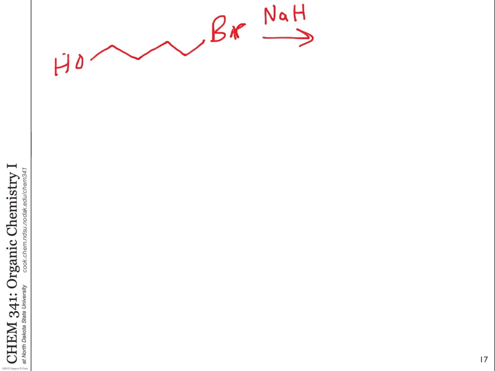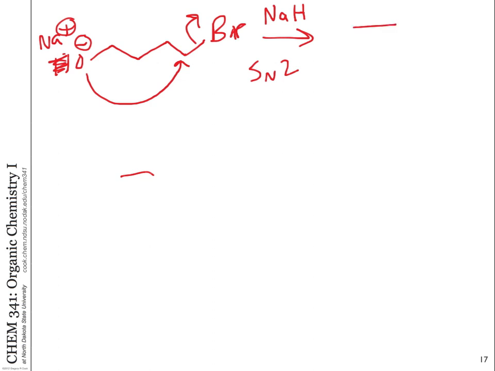You'll make the sodium salt here. Okay, and that will react with that carbon in an SN2 reaction. It just happens to form a ring. It's a really good way to make ring compounds. The product is that.